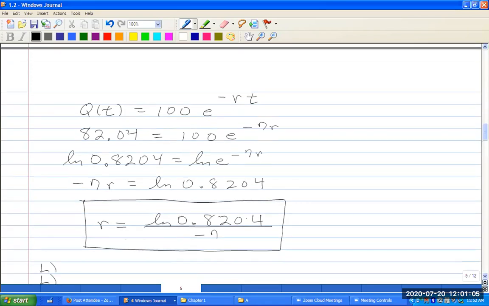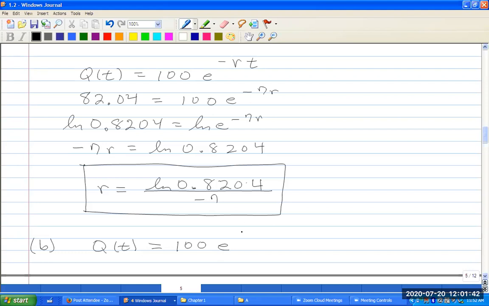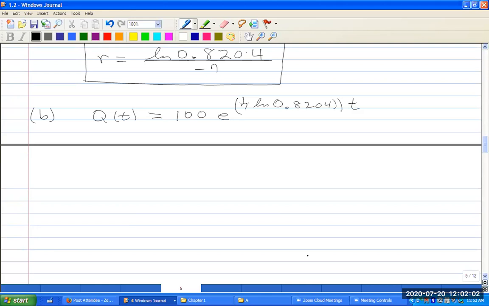So Q is equal to the amount we started out with, which was 100, times e to the, well, we have a minus here, so the minuses cancel, 1/7 ln 0.8204 all times t. And so that's your answer.